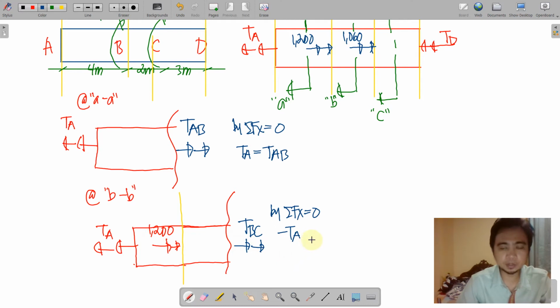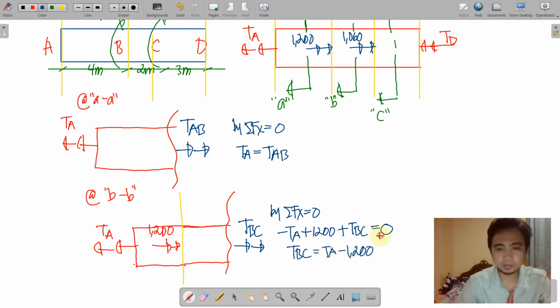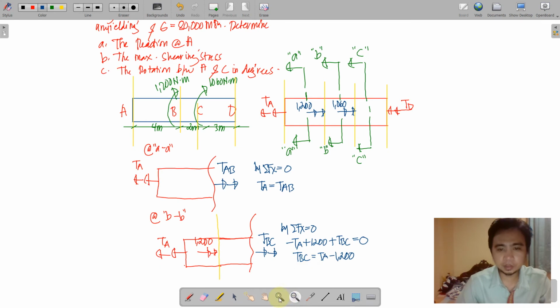So summing up forces along this axis, we have a leftwards TA, and then a rightwards 1,200, and a rightwards TBC. All of these will be equal to 0. Solving for TBC, we have TA minus 1,200.